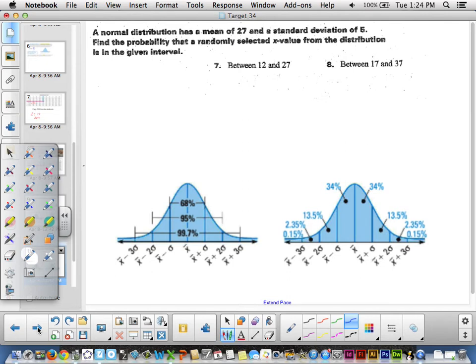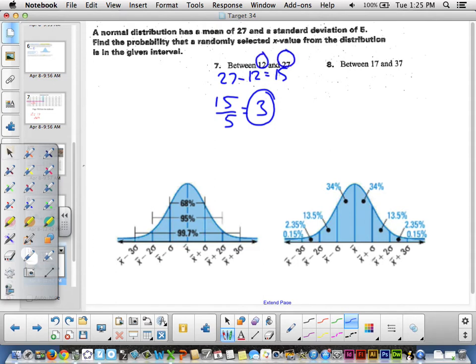A normal distribution has a mean of 27 and a standard deviation of 5. Find the probability that a randomly selected value from the distribution is between 12 and 27. Well, 27 minus 12, that's 15. 15 divided by the standard deviation is 3. We're 3 standard deviations below the average is 12. 27 is the average.